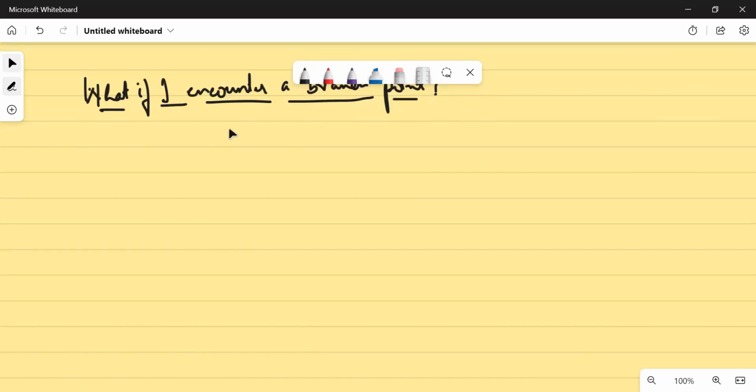So what if I encounter a branch point inside the contour of integration? If I encounter a branch point, again there's a problem. So I will have to evacuate that branch point. So this particular integration, I'll do this.